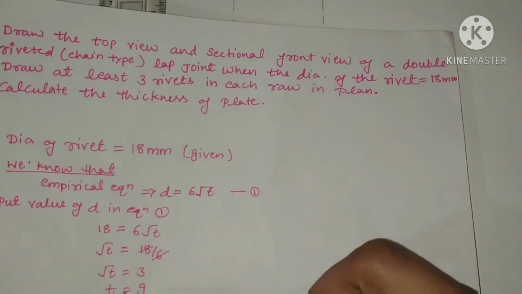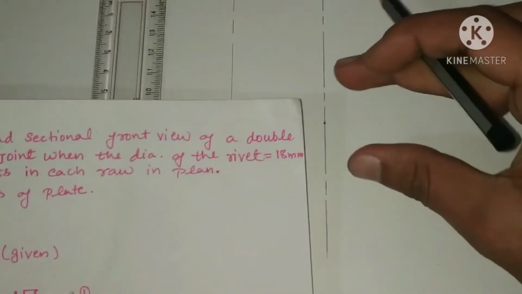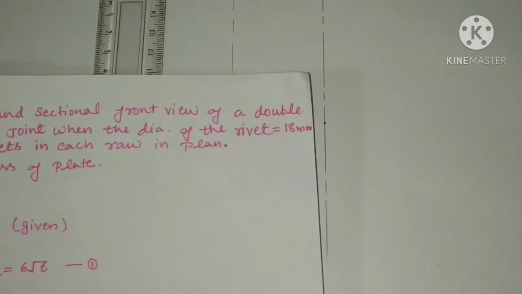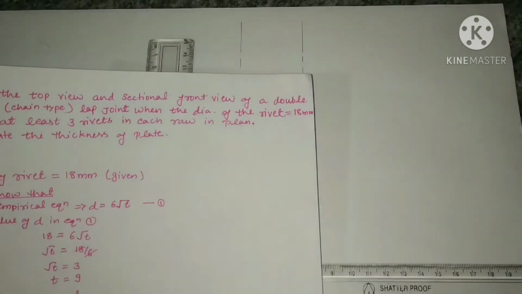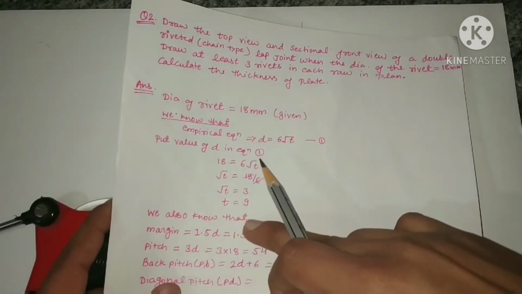Now we have two center lines to consider as a base for the construction of the rivets. In the same way as the first problem, now construct the body of the rivet by considering the diameter as 18 mm, the diameter of the rivet body. The rivet body is called the shank.